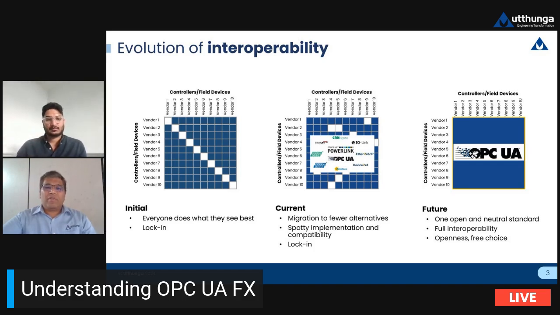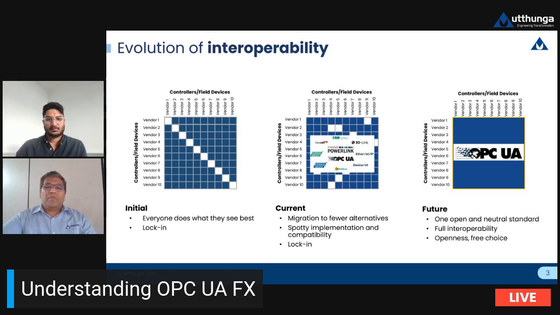That's how a lot of these industrial communication protocols have been developed, whether it is Ethernet IP, Profinet, EtherCAT, and so on. So with that, we come to the current stage where the interoperability is much better than it was before. Now, any vendor supporting a specific protocol can have a certain degree of interoperability with each other.